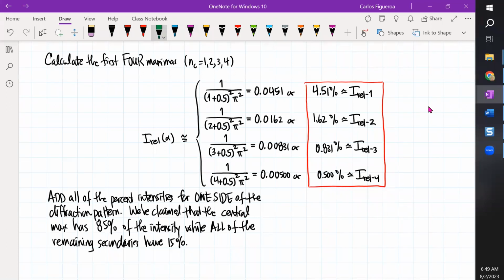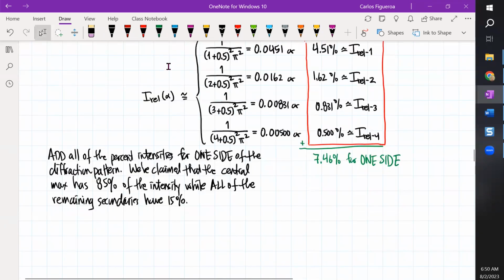So I'm going to add all of these percentage points, and the value we get is 7.46% for one side. Now here's the thing that I find really interesting.